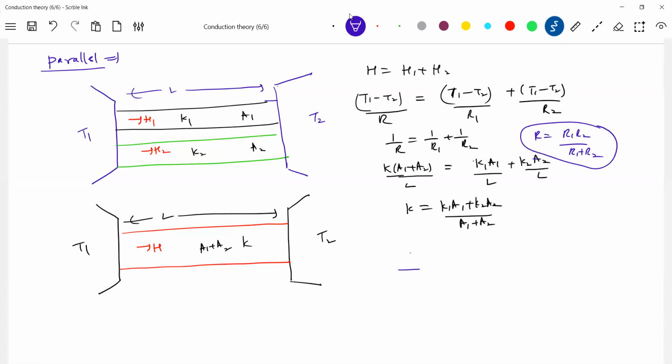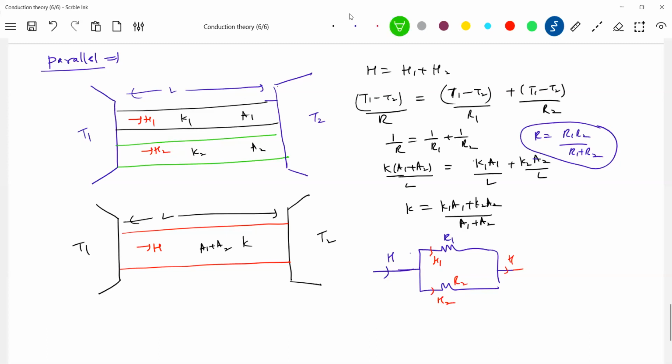Suppose there are two rods in parallel and the thermal power or heat current is flowing here. A part of the heat current will branch here, H1 and H2 like this, and again the same H will emerge out.